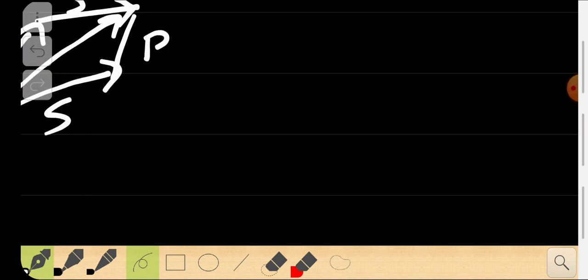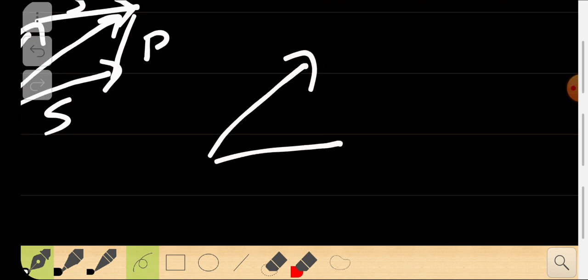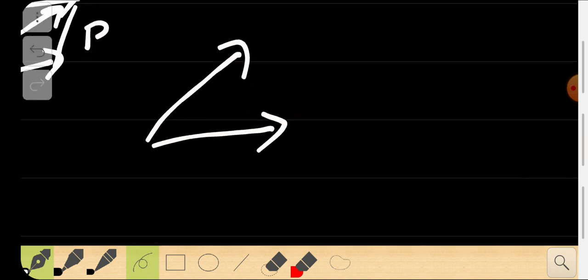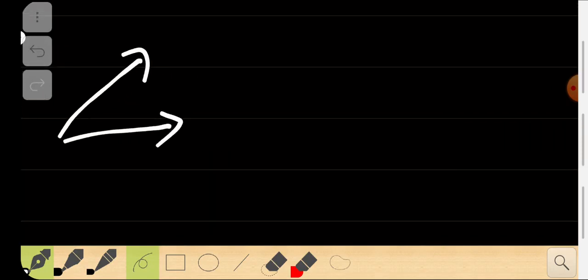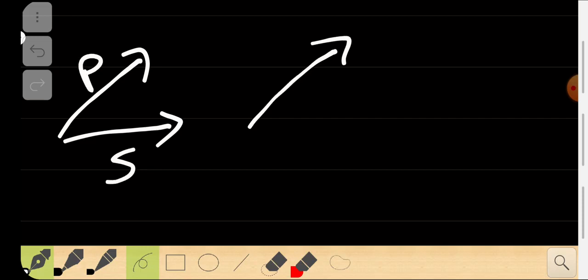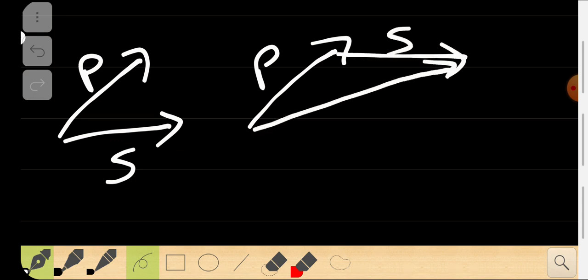And there is another way. If you have two vectors like this, you can put one vector on this vector, just like that, and you can draw a third side of the triangle, and you can say that's the resultant of the vector.